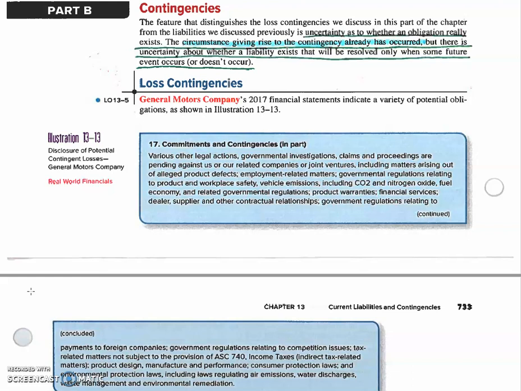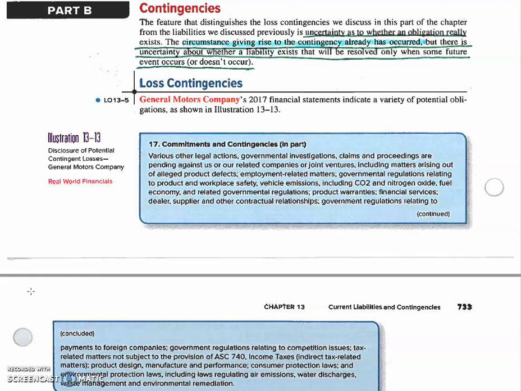We say, okay, the probability we're going to have a loss is remote. Then you're not even required to disclose that. Now, reality is most accountants are going to probably still disclose something about it, but you're not required to.